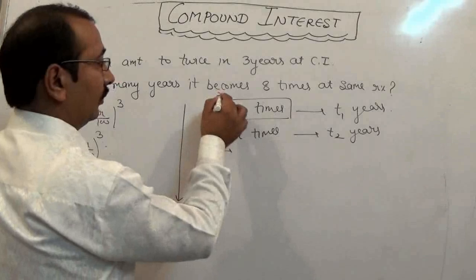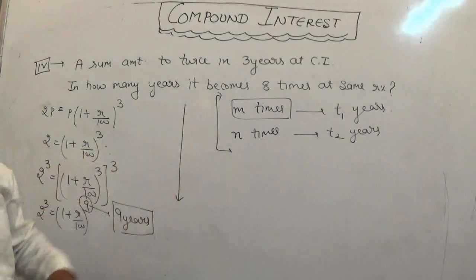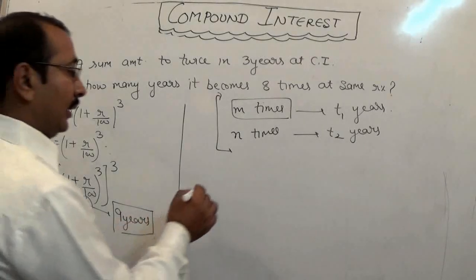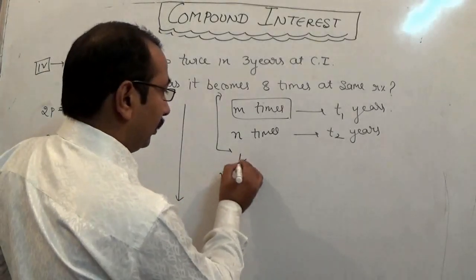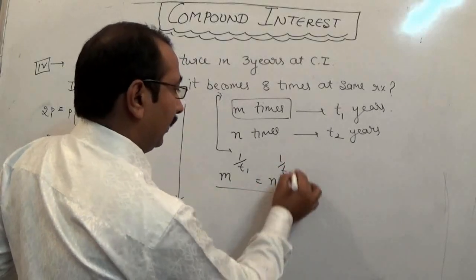I have to find the value of t2. If the sum becomes m times in t1 years, in how many years does it become n times? How can I answer these types of questions? Very simple. Make it as m raised to power 1 upon t1 equal to n raised to power 1 upon t2. Find the value of the missing term.